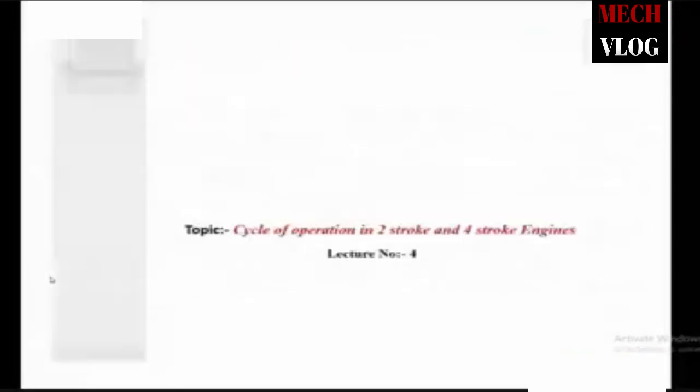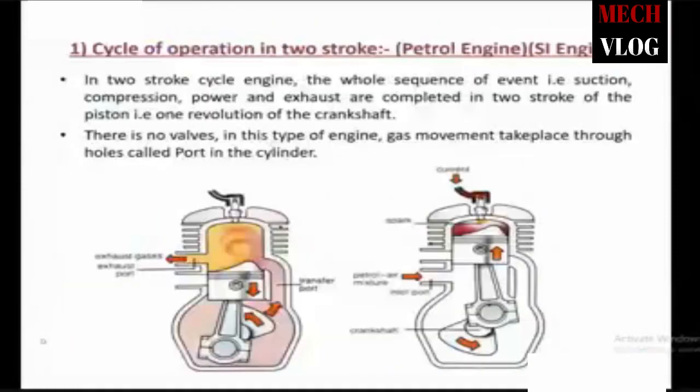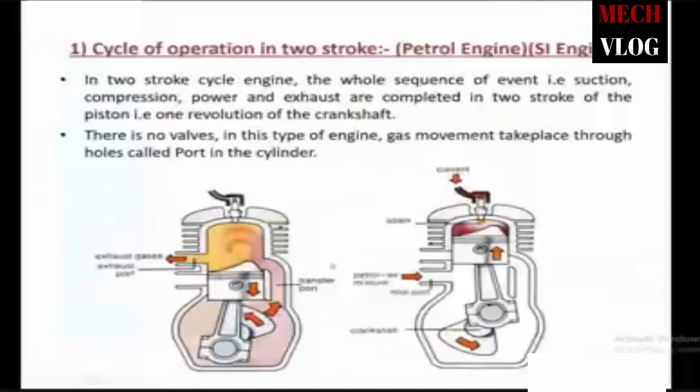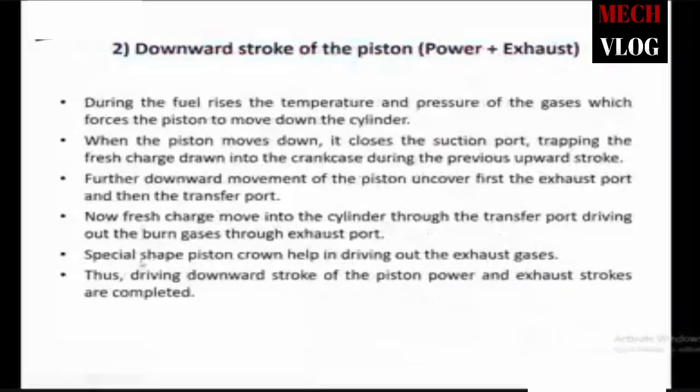As you can see, when the piston moves downwards, the fresh charge moves into the cylinder through the transfer ports, driving out the burnt gas through the exhaust port. So that happens in the downward stroke.